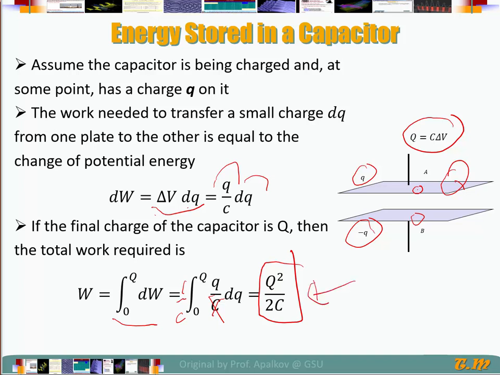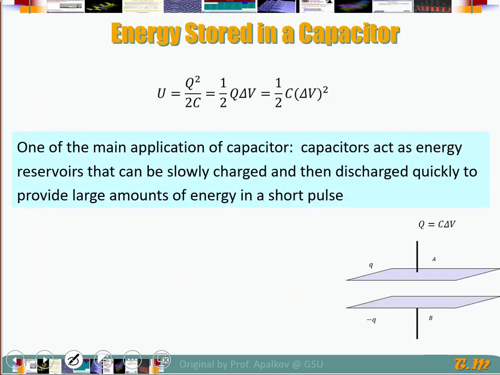That gives us this as the work needed. So in absolute value, what that tells us is the energy stored in a capacitor is Q squared over 2C. So the energy is going to be the amount of charge squared over 2C.